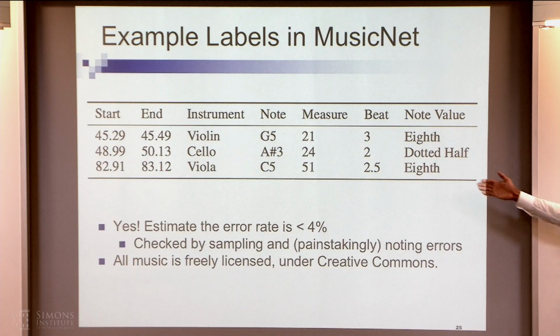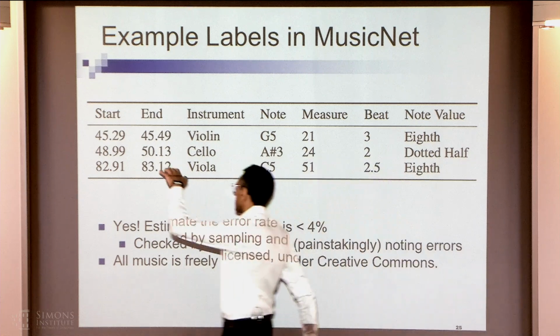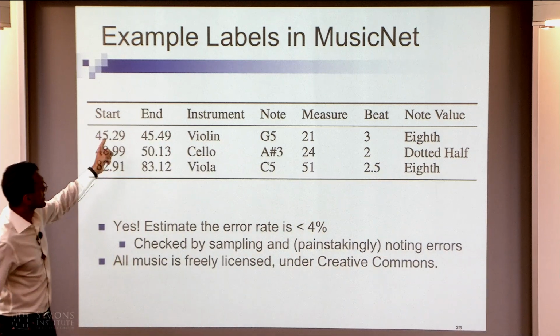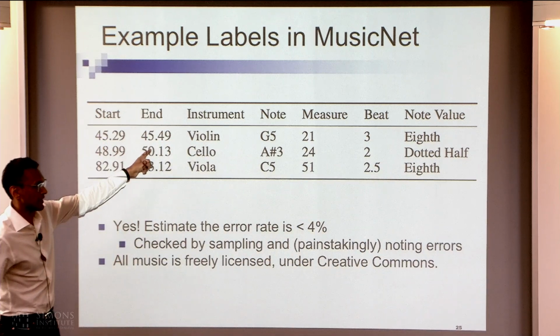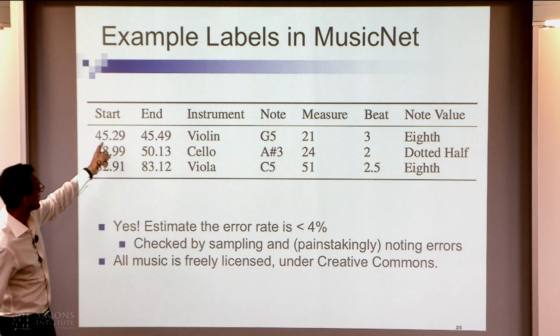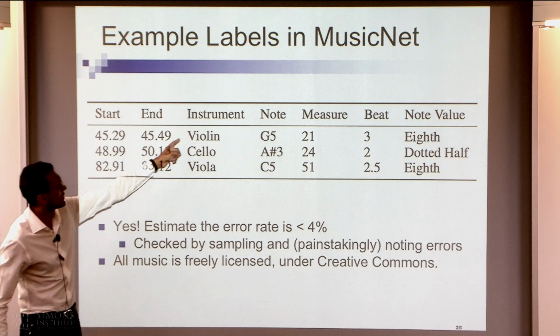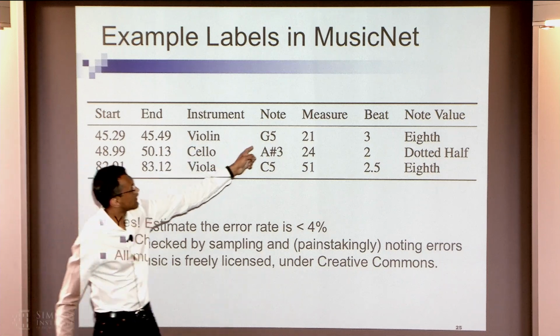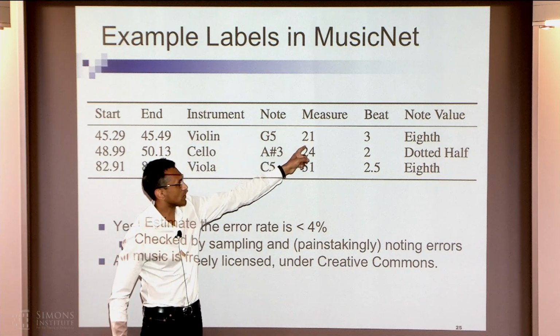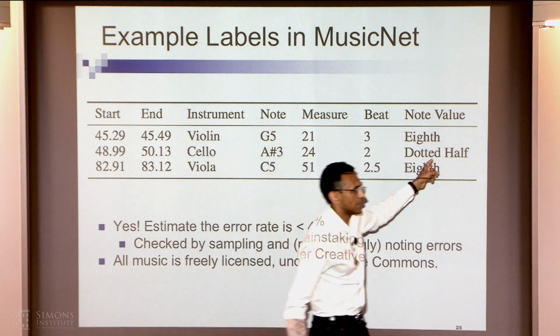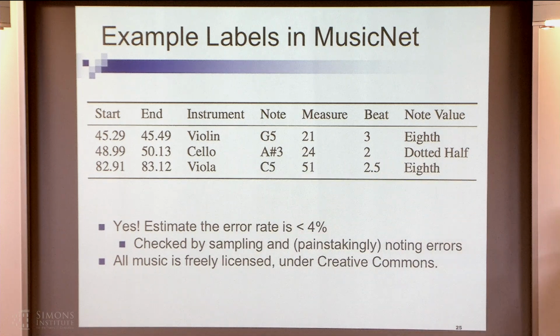The data set is just a large table. It's going to have a start time and an end time. So this is exactly what's in the data set. The start is 45.29, that's seconds. The end time is 45.49. The instrument is a violin. The note is G5. The measure is 21, the beat, and the note value, 8th note.